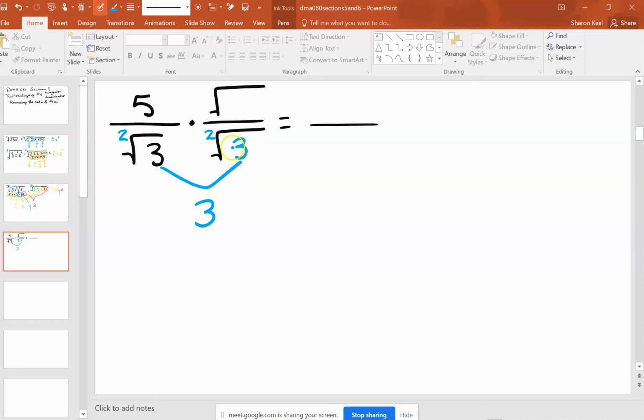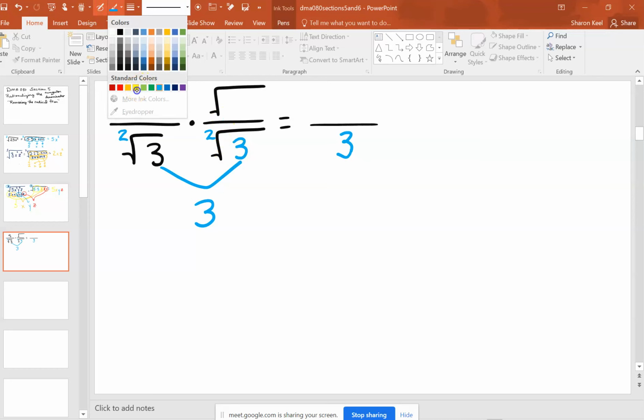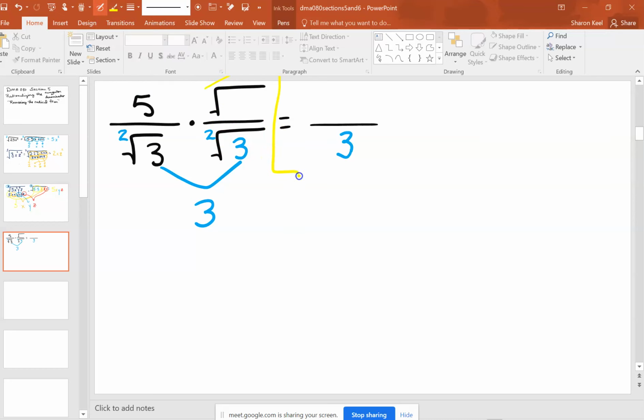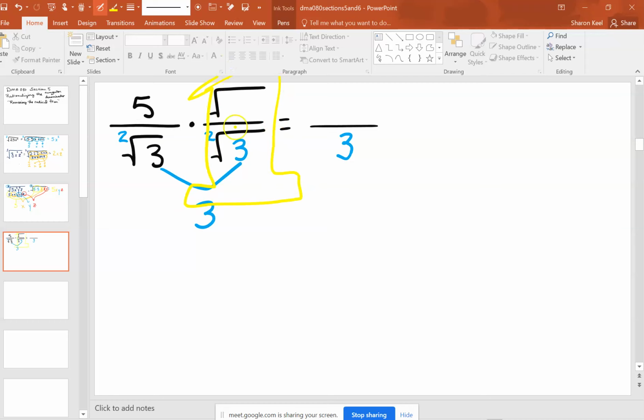Now, you can multiply any fraction or rational expression by a 1. So that fraction part here, that's why I drew the big yellow 1 around it, in essence is a whole number 1. As long as your numerator and denominator are the same, square root 3 over square root 3 is 1.